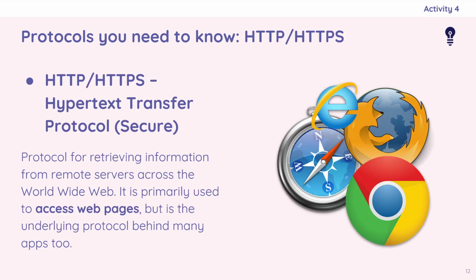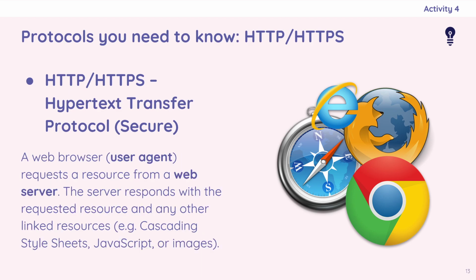And that's only helped in excess by using HTTP and HTTPS, because we actually have to access those web pages that are sitting on Google or BBC servers that are hidden behind an IP. And this is a protocol that is used for remote servers across the World Wide Web and is usually used to access web pages. Okay, and these days behind many apps too. What you'll spot is that what you've essentially got is a web browser, what we could call a user agent, if you will, and that requests a resource from a web server.